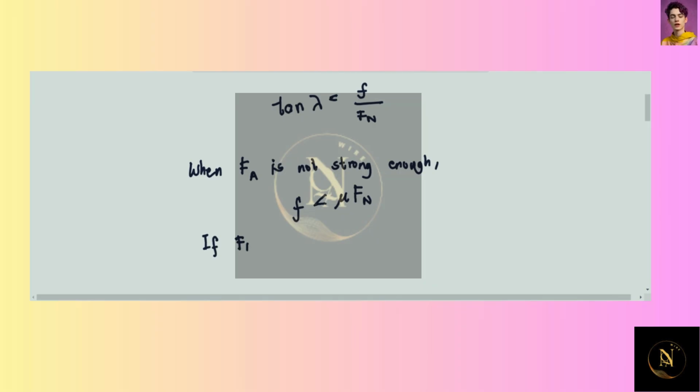If the applied force is increased further, it will reach a point wherein the small f, or the friction force, will now be equal to the product of the coefficient of friction and the normal force. When this happens, the body will now move.